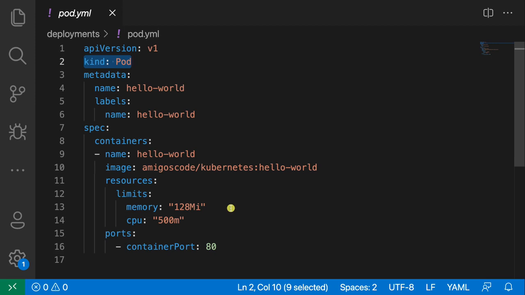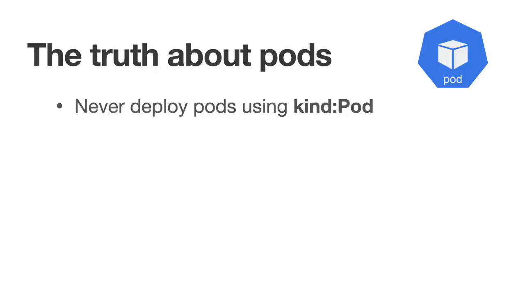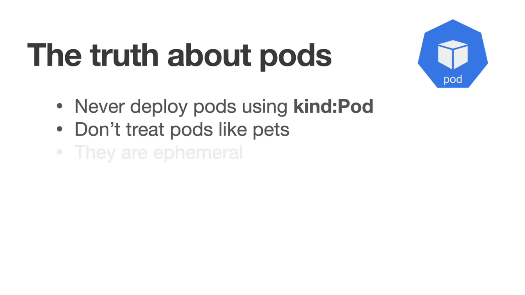If I go back to the slides, you should also never treat pods like pets, and this is because they are ephemeral. Ephemeral means that something lives for a very short period of time. So you can expect them to die, or as you know, if you build applications, you might have version 1, version 2, version 3, and so on as you have software deployments.